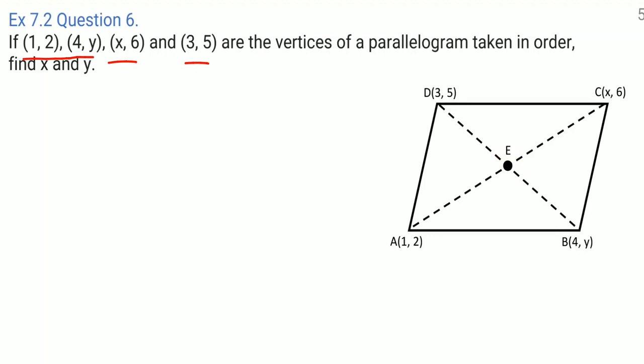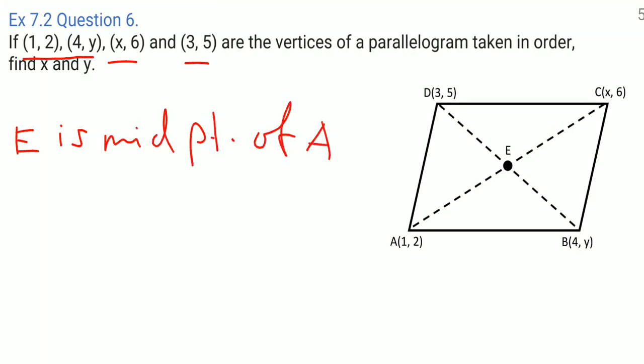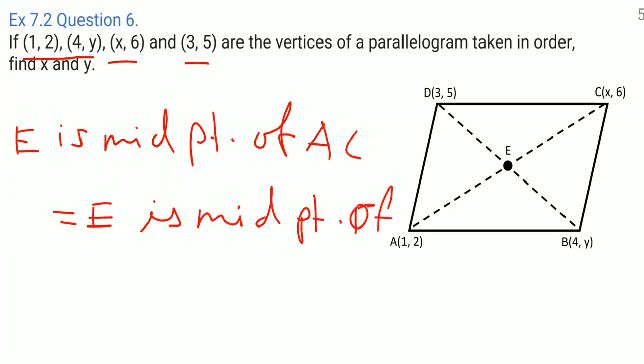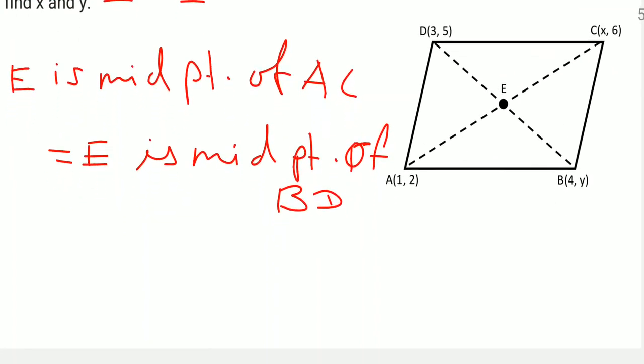So easily I can use the midpoint formula. So here I'll write down the coordinates of E when AC is the diagonal. Or I can say E is the midpoint of AC, which is equal to E being the midpoint of BD, and for both of them I will use the midpoint formula.